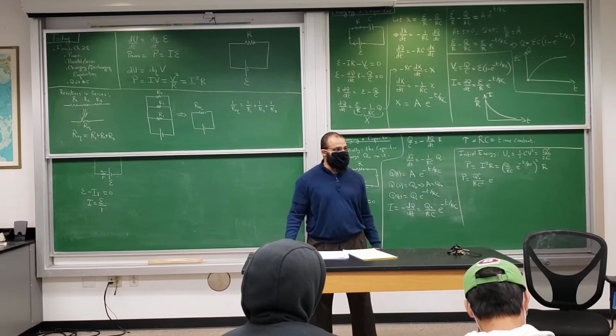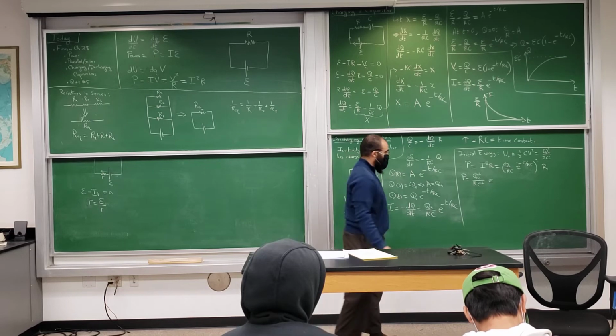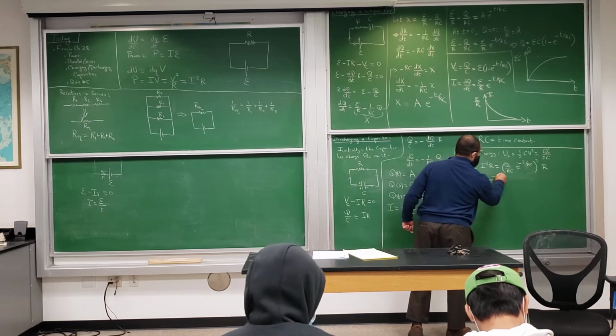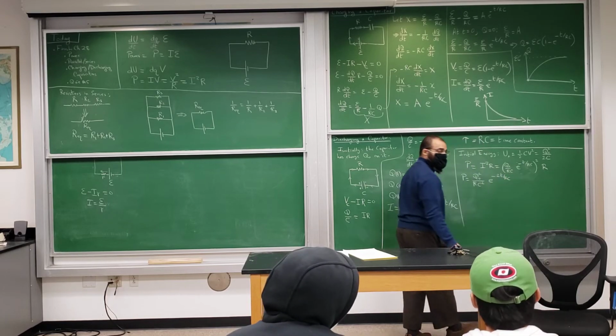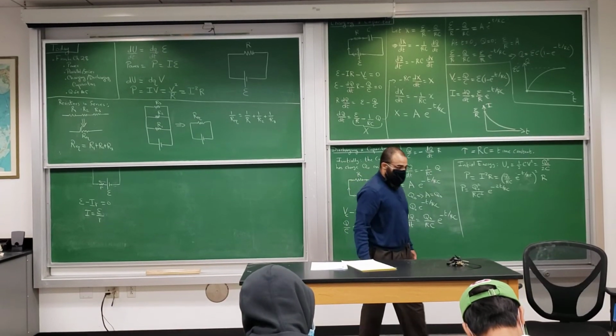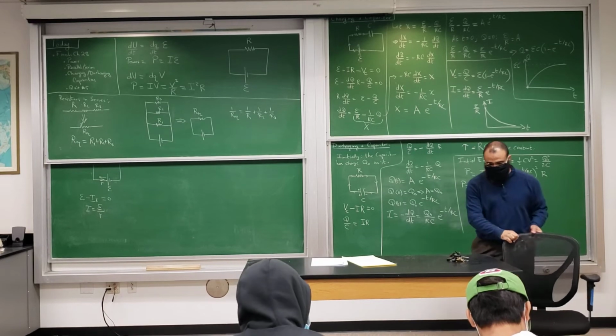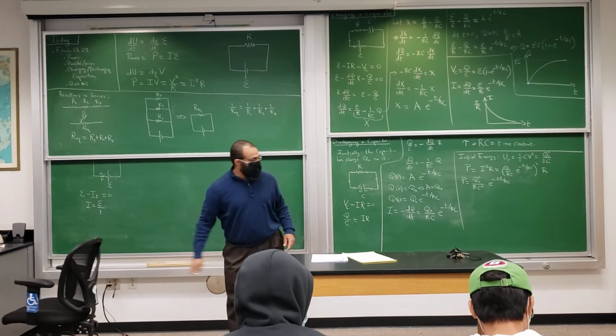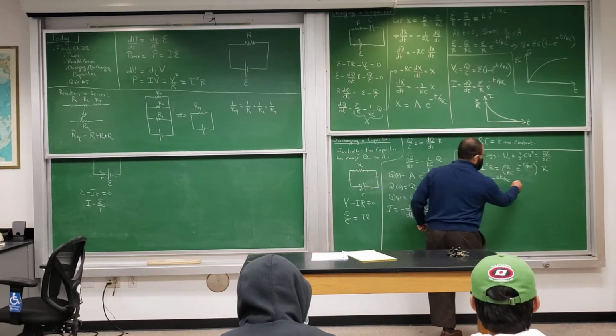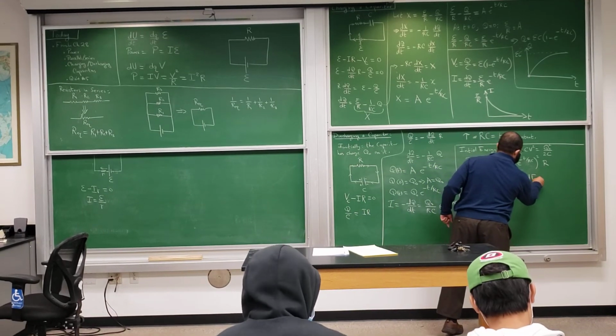It becomes e to the negative 2t over RC, right? That's the power, and it is the energy per unit of time, dE/dt.